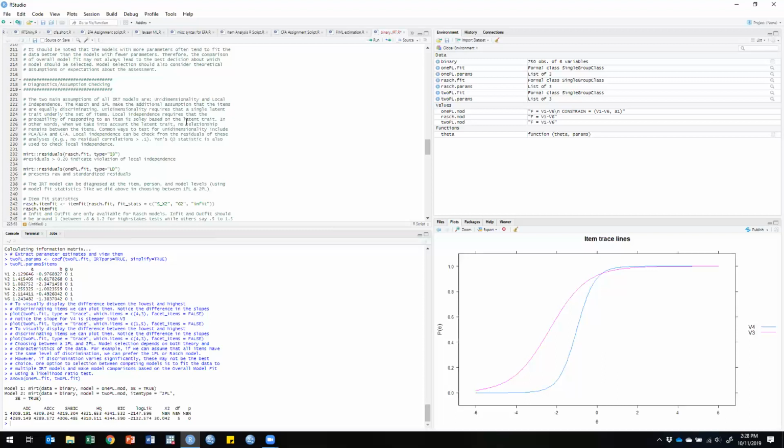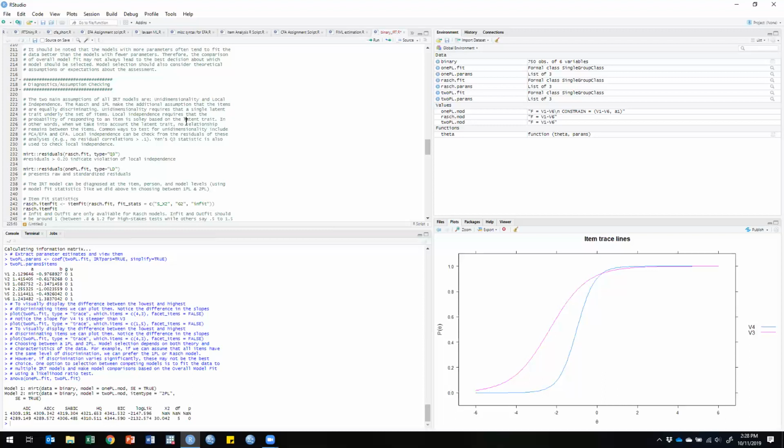The most common ways we test for unidimensionality include doing a PCA or EFA analysis, checking for differences between a one-factor and a two-factor or multi-factor solution. You could also check this in a CFA.